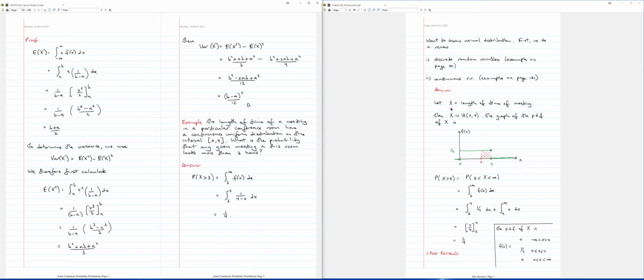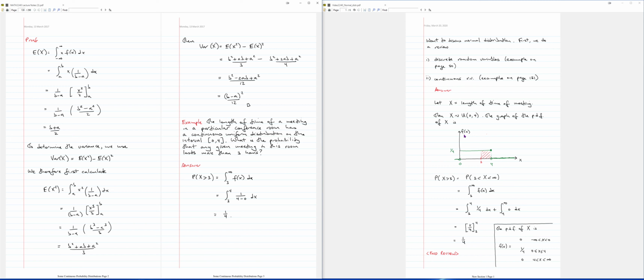Your random variable here is the length of time of the meeting, so we're going to call that big X. We're told that big X has a continuous uniform distribution on the interval 0 to 4.